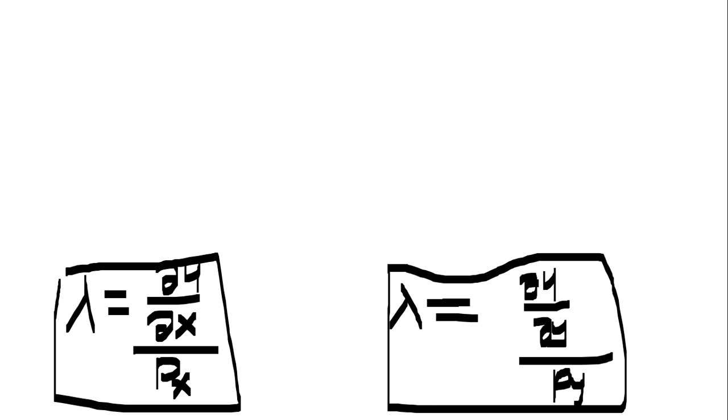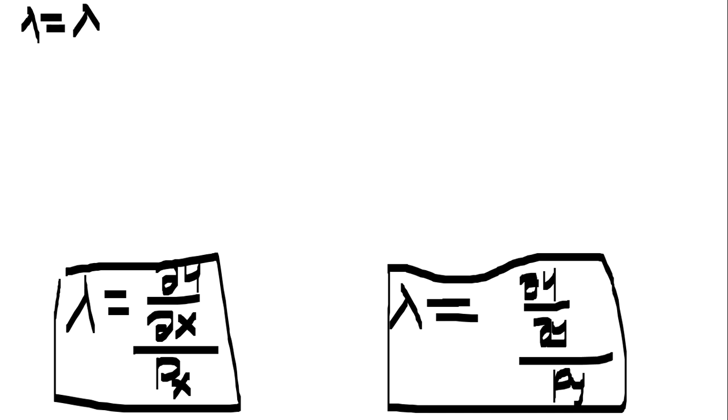Since lambda is equal to this, and lambda is also equal to that, the next step is to equate these two. In short, we are saying that lambda is equal to lambda.